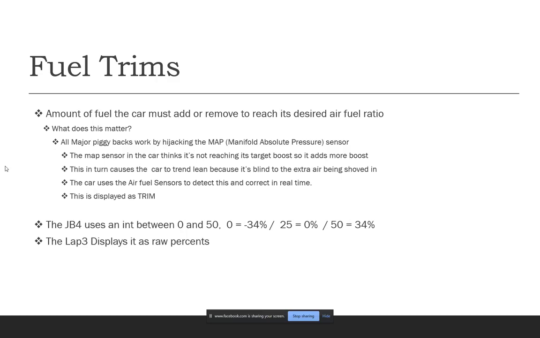The only reason it can adjust and do the fueling the way it does is because it goes, hey, I'm asking right now for an 11.2, but the oxygen sensor says we're at 12.2. I've got to add some more fuel in to try to get back to my target. And this is what's called closed loop fueling. It's the magic that makes all these piggybacks work. Without closed loop fueling, they would actually have to piggyback the injectors and other things too.